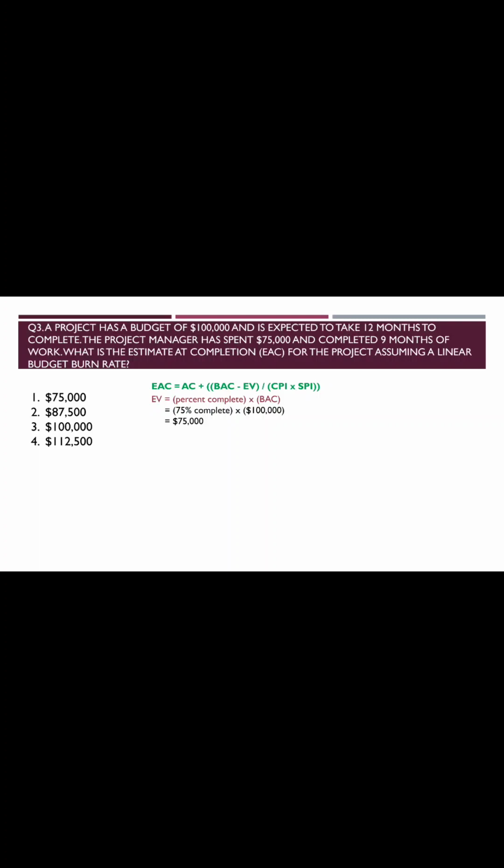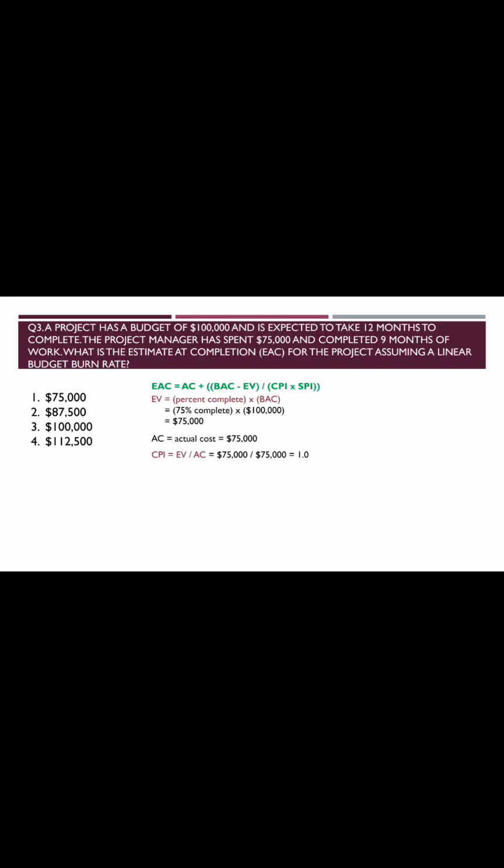So the budget is 1 lakh that you know, and because they have completed 9 months out of 12, the work is approximately 75% complete. So the earned value is coming as $75,000. Now the actual cost is given. Actual cost is also $75,000.